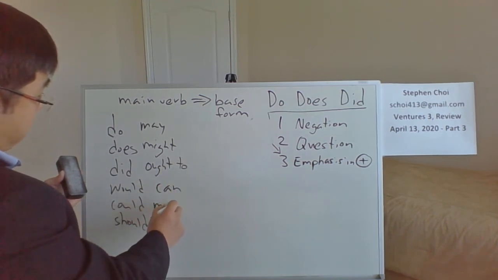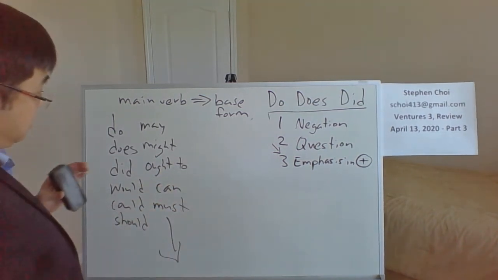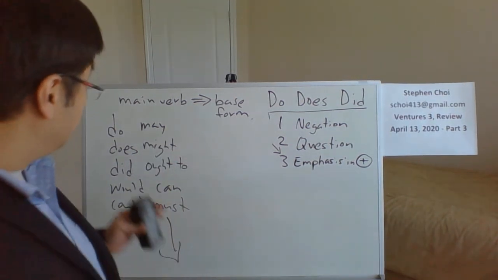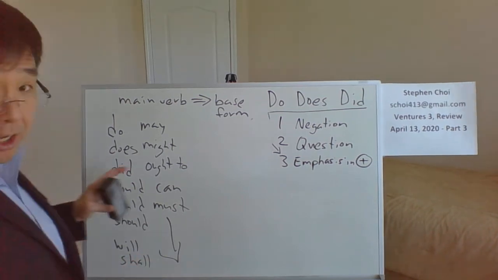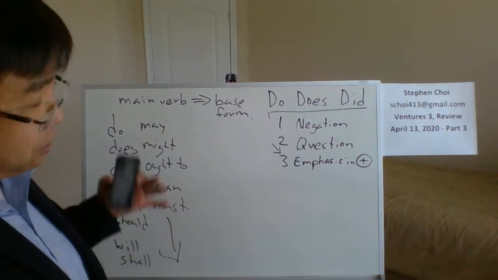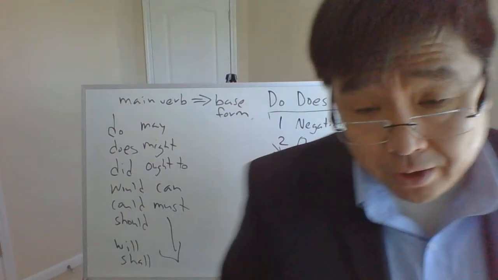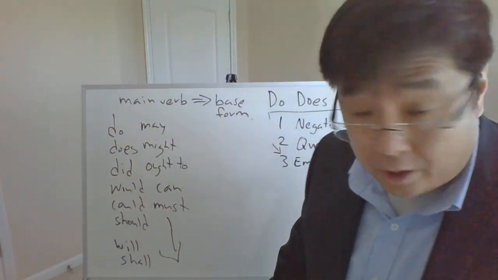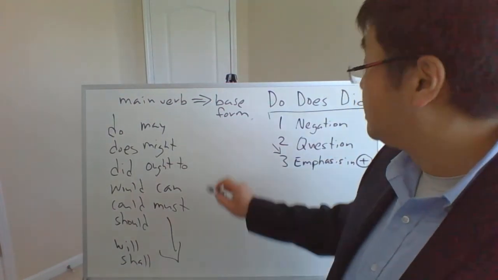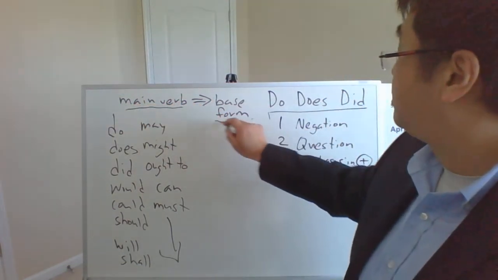Can, must. There are more. I can't remember every one. Even will, shall. These are all called modals or helping verbs, auxiliary verbs. Whatever you want to call them. When you use these words, the main verb goes to base form.